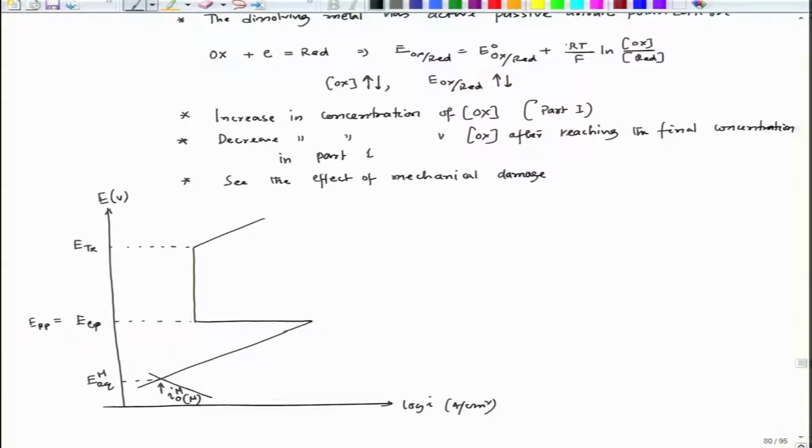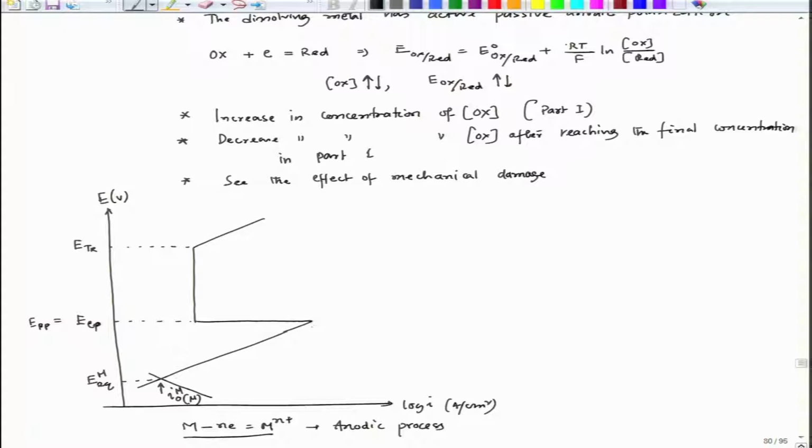Now, this is the anodic part where I can have metal minus Ne equal to metal N plus. This process is the anodic process, and this line indicates the anodic line.